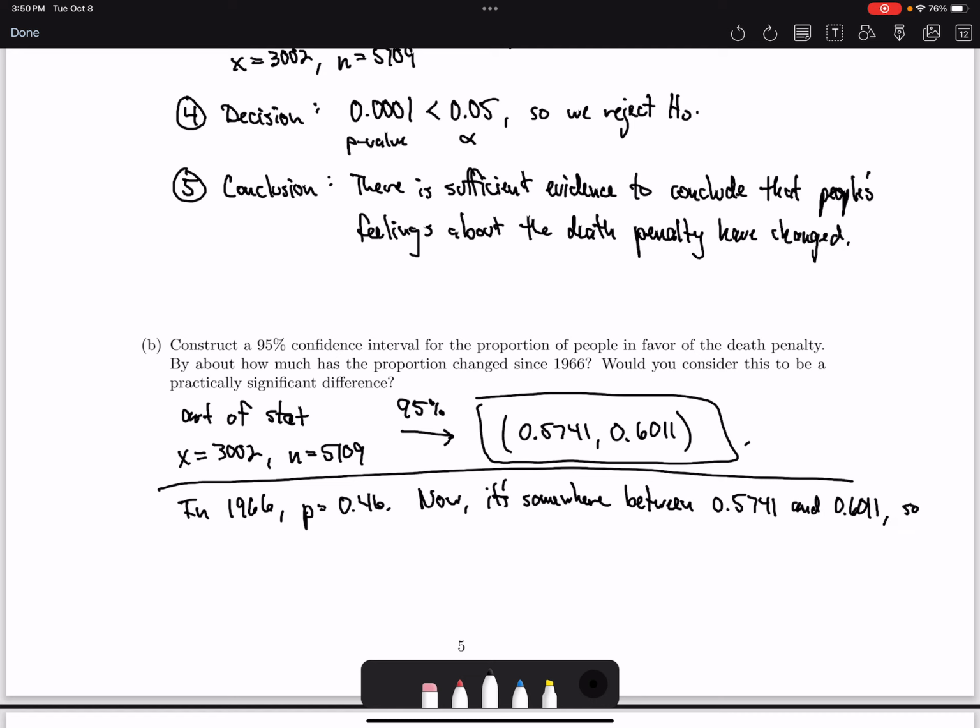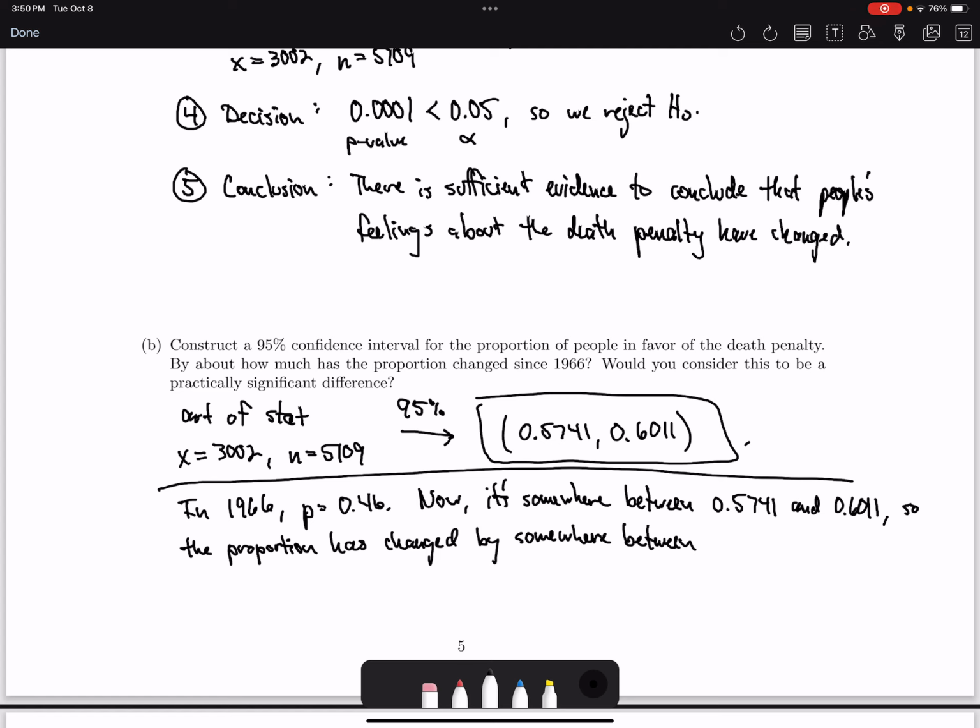So the proportion has changed by somewhere between, well, let's see. 0.5741 minus 0.46 is 0.1141.